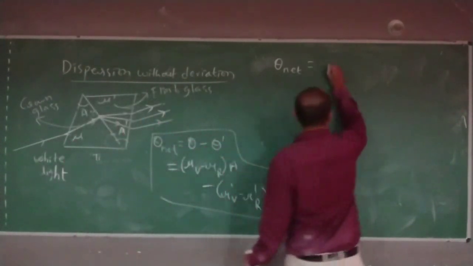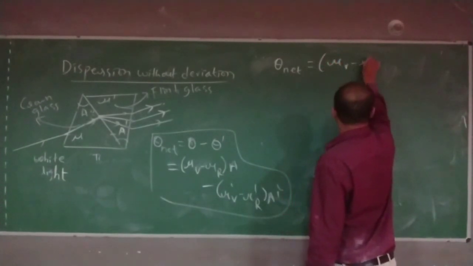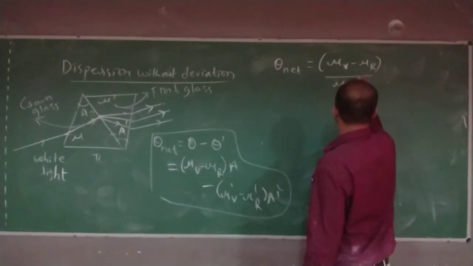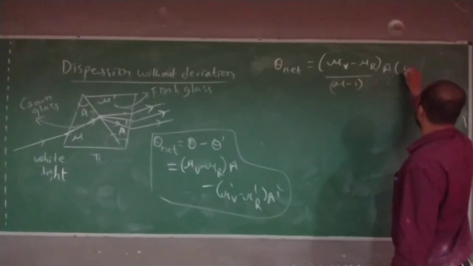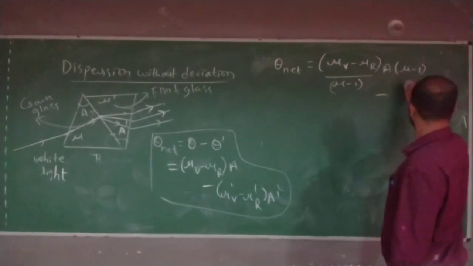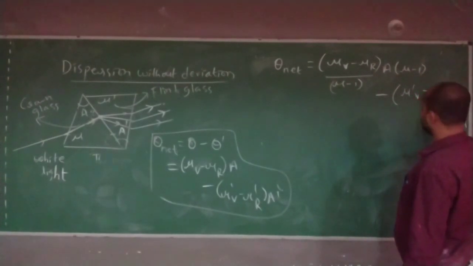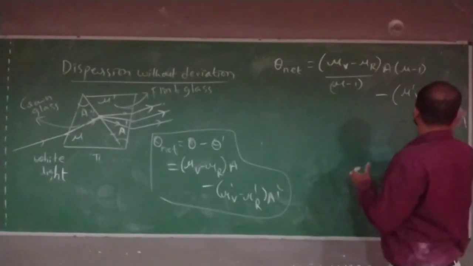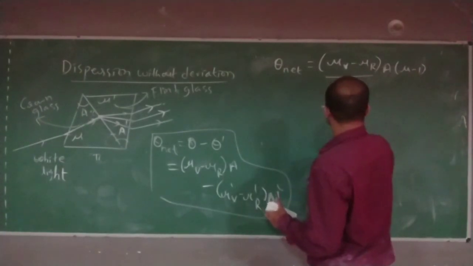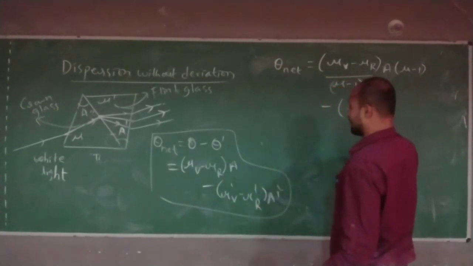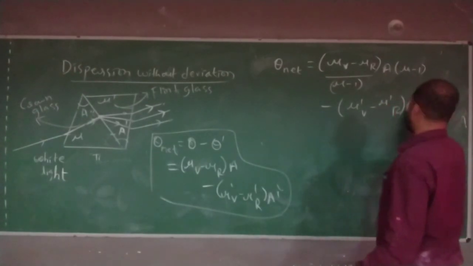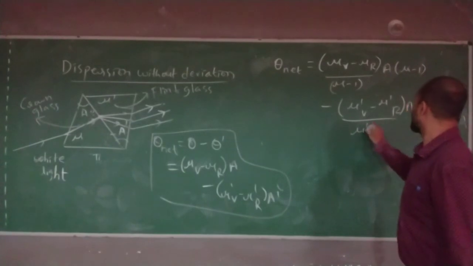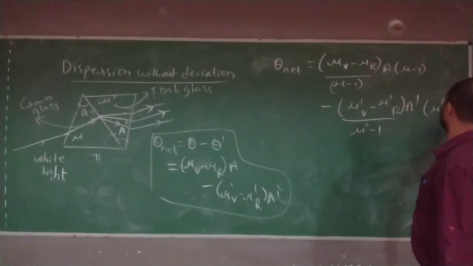I can still write (mu v minus mu r) divided by (mu minus 1) into A into (mu minus 1), minus (mu dash v minus mu dash r) into A dash whole divided by (mu dash minus 1) into (mu dash minus 1).